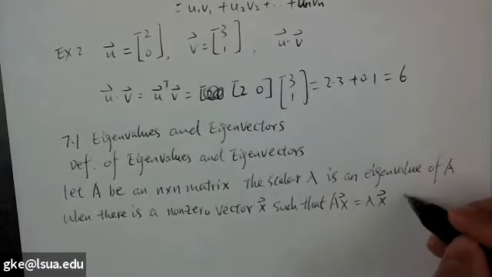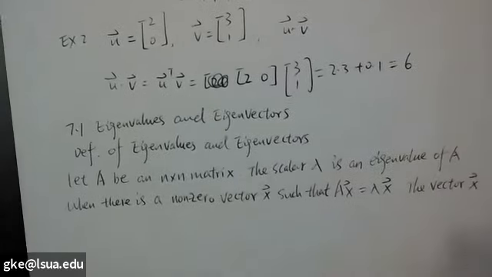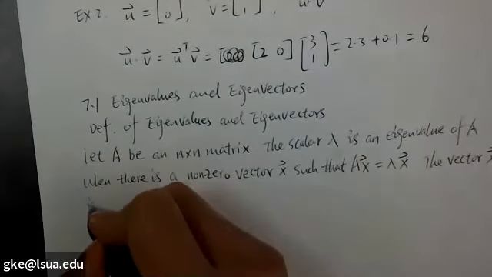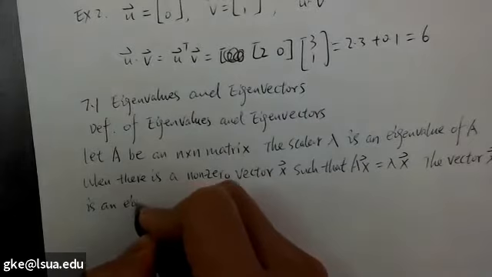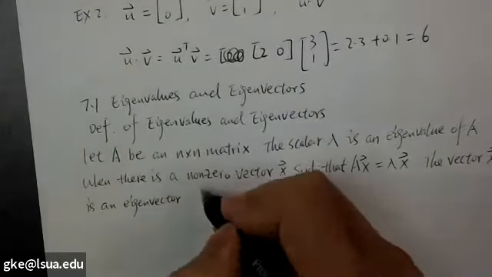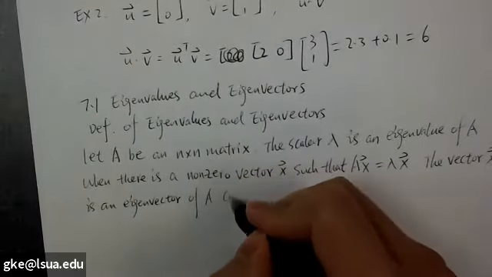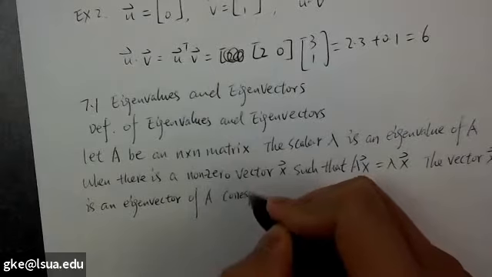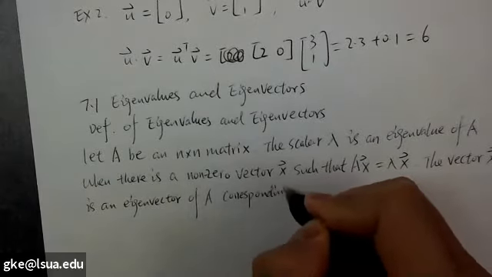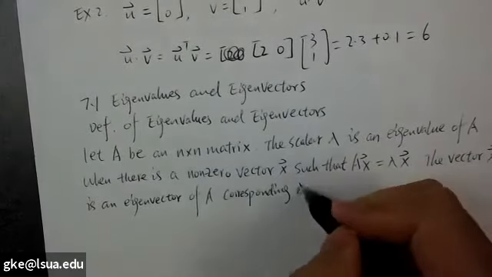The vector x is an eigenvector of A corresponding to lambda.